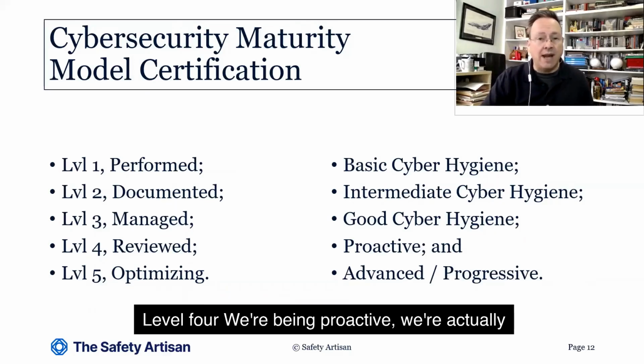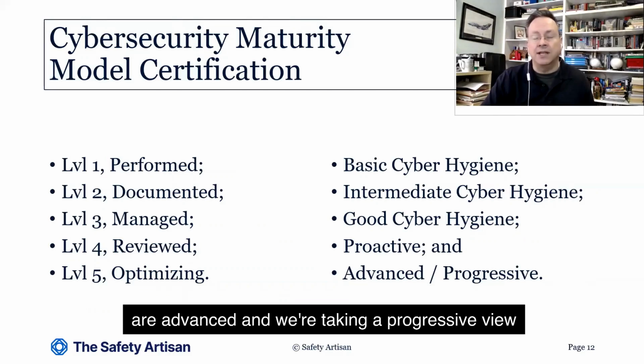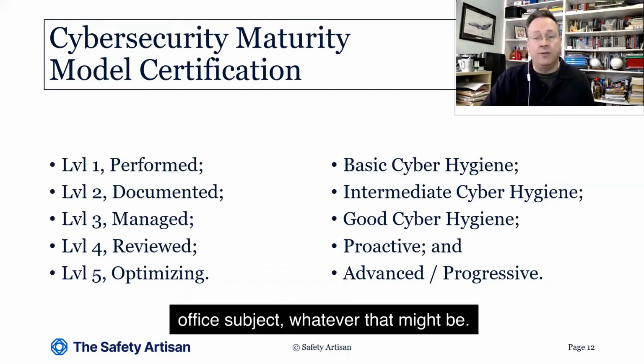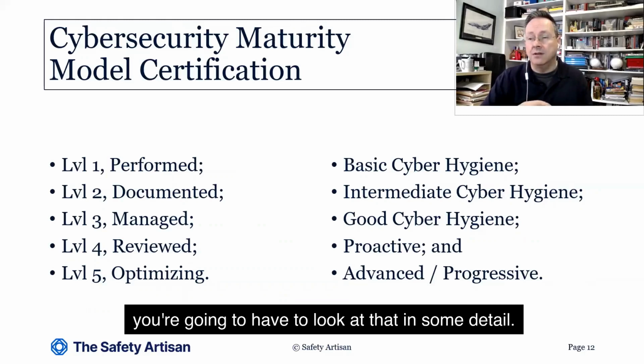Then at level 4, we're being proactive, we're actually hunting down issues. And then finally, at level 5, we are advanced and we're taking a progressive view of this subject, whatever that might be. So if you want to know more about the CMMC, you're going to have to look at that in some detail.